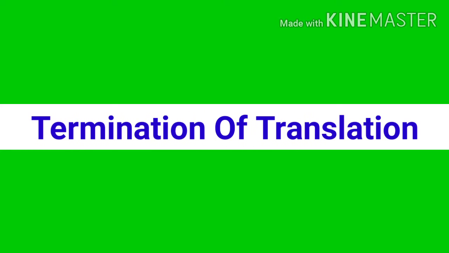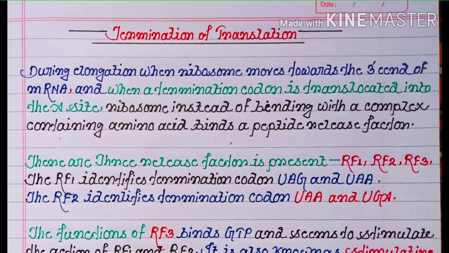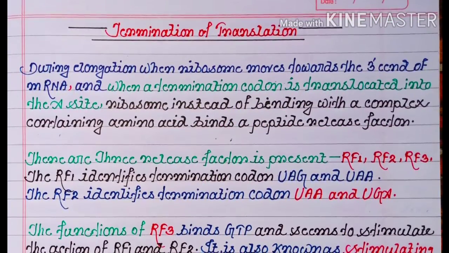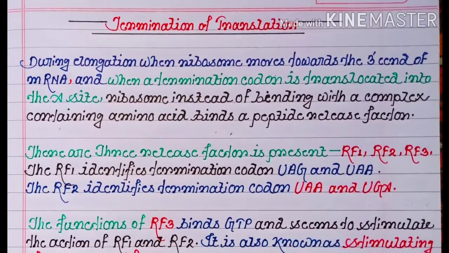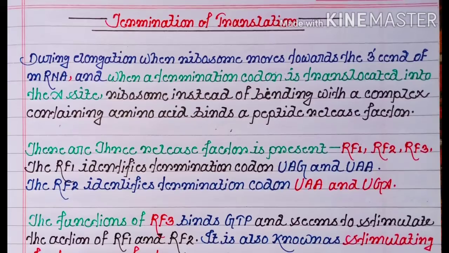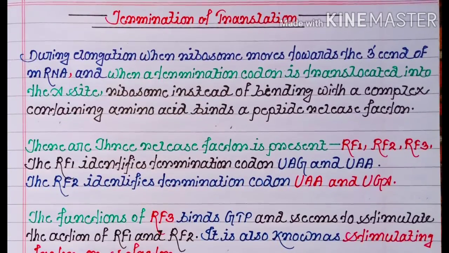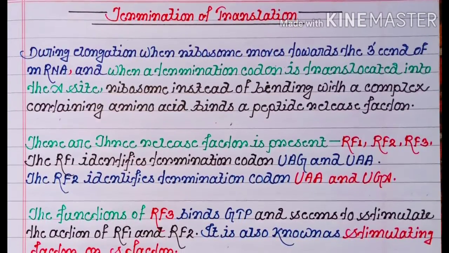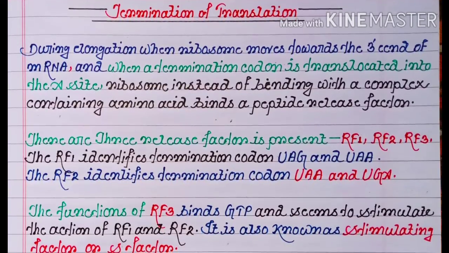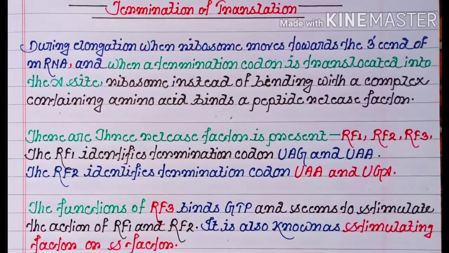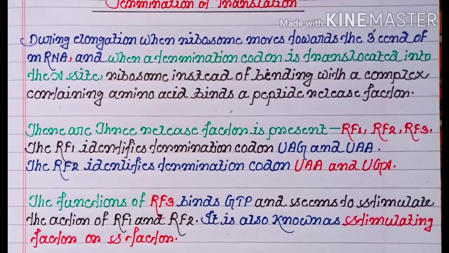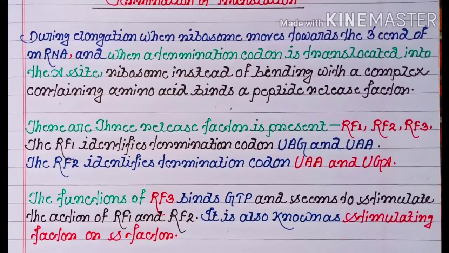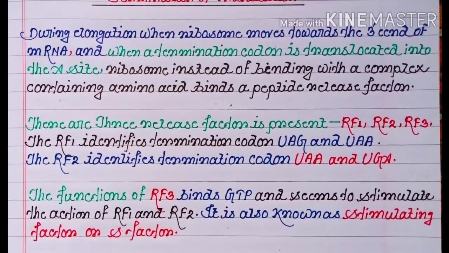Now, the process of termination of translation. During elongation, when the ribosome moves towards the 3' end of mRNA and a termination codon is translocated into the A site, then the ribosome, instead of binding with a complex containing amino acid, binds to a peptide release factor.